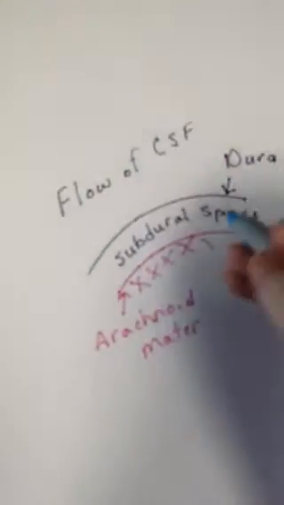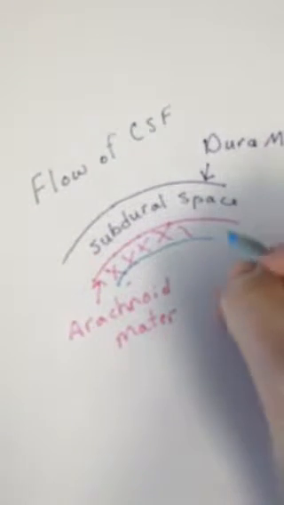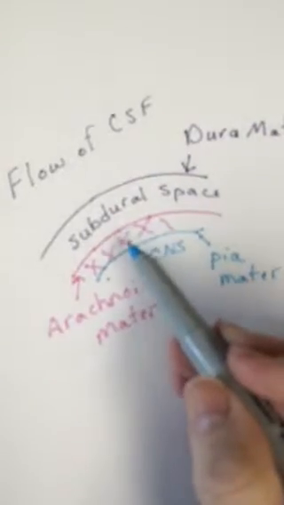And then underneath that we have our last meningeal layer, which is the pia mater. And that pia mater is right on the surface of the brain and spinal cord. So it's right on the surface of the central nervous system. So the spiderwebby extensions from the arachnoid mater connect it to that pia mater.